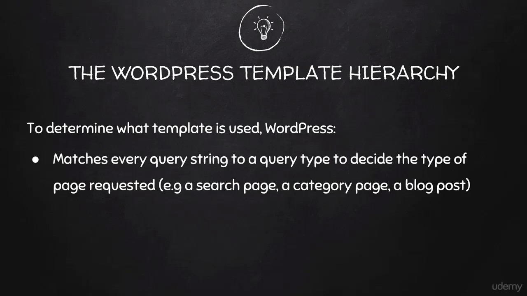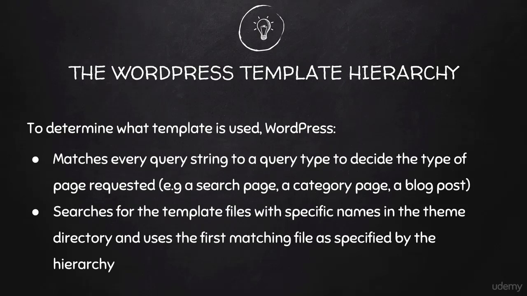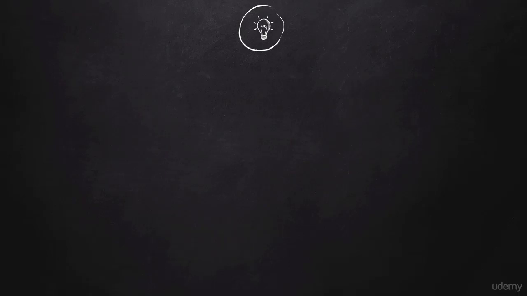That's the very first thing WordPress will do. Once WordPress has been able to determine the kind of page being requested, it will then search for the template files with specific names in the theme directory, and it will then use the first matching file as specified by the hierarchy. Let's take a look at an example.